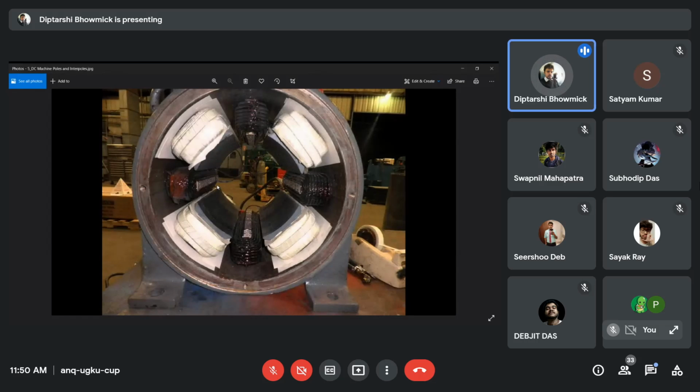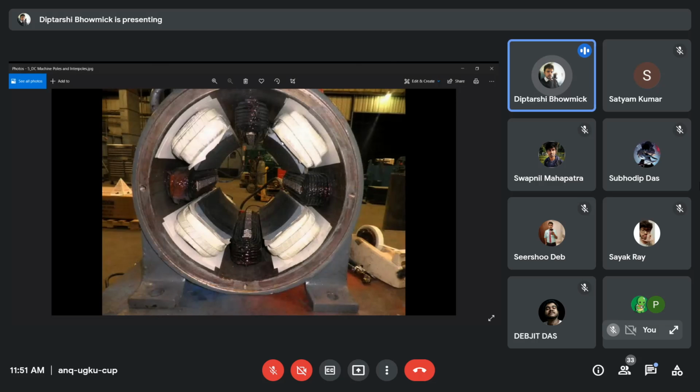To make the flux steady and to prevent distortion, we provide an extra pole with additive polarity, so that the flux does not get distorted so much. Clear? To reduce the distortion, we provide some additional poles. These are known as the interpoles.